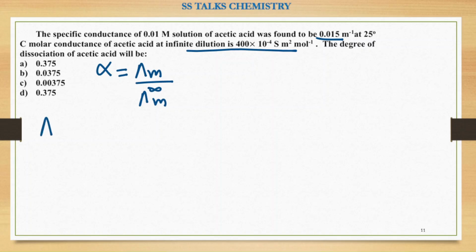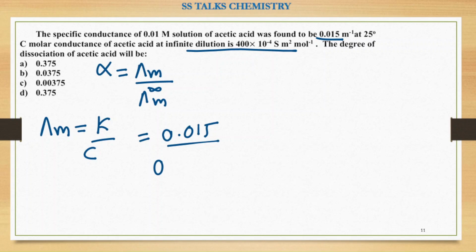Now to find lambda m at 25 degrees centigrade, which is the given condition, and this much molar concentration, this is equal to kappa upon the concentration, right? So here the kappa value we have is 0.015, upon the concentration, which is already given to us in molarity as 0.01 molar.